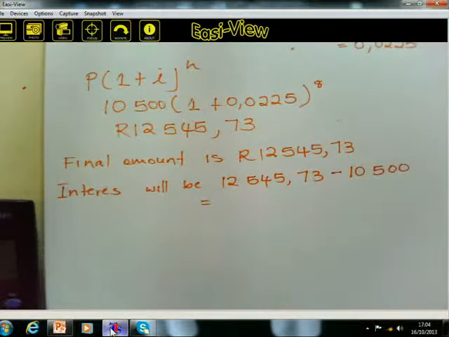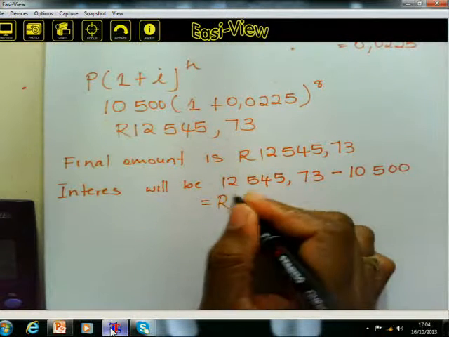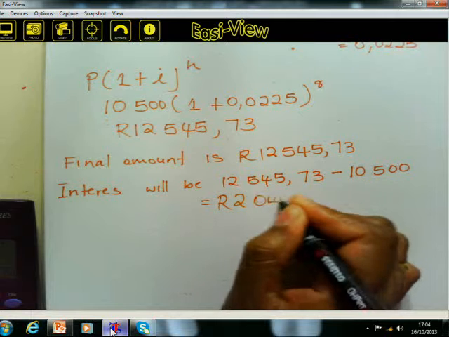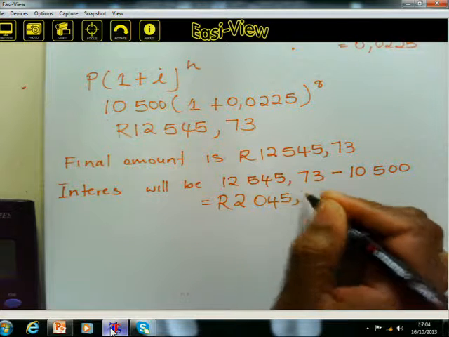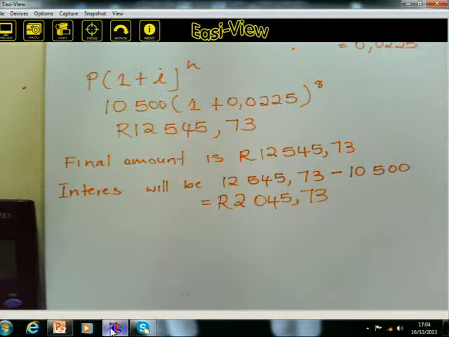So let's write that down. Our interest will be 2,045 rand 73 cents. Let's go to our next question.